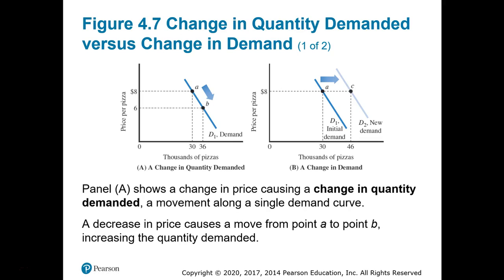This is causing a change in quantity demanded. Typically, we would move along, but a decrease in price is going to move from A to B. If it's not a decrease in price, what's going to be? All right, so how about this? Before I get to the next slide, what if I gave you a pay raise? And instead of $100, you're now making $200.